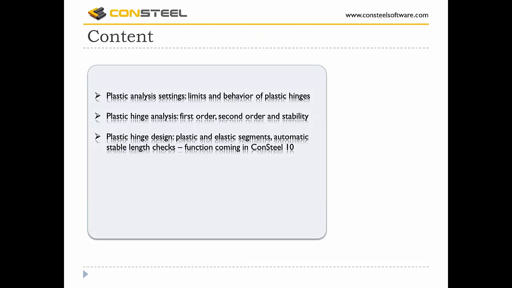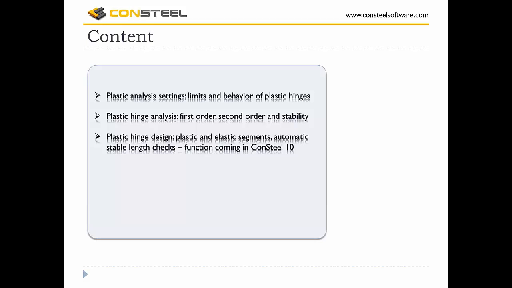About the content, briefly: first, the plastic analysis tools will be discussed in ConSteel, how to handle plastic hinges, how to define them, what the limits are, and how to define the behavior of these plastic hinges. Then I will review the possibilities of plastic hinge analysis in ConSteel: first order results, second order plastic hinge analysis results, and plastic stability calculations.